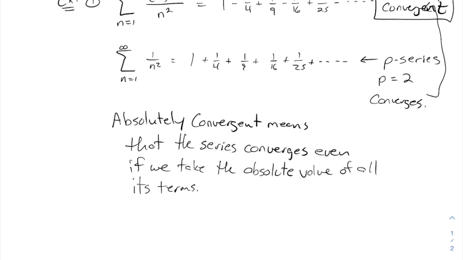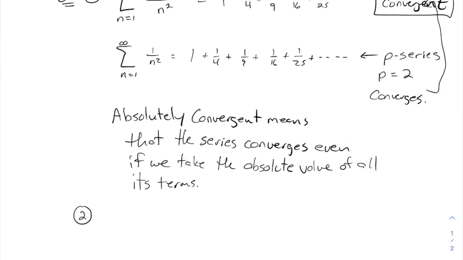Let's look at an example that's not absolutely convergent. In the previous section, we saw that if we take the alternating p-series, or the alternating harmonic series, like this, we saw that this series converges by the alternating series test.